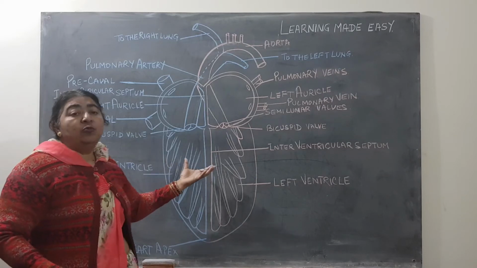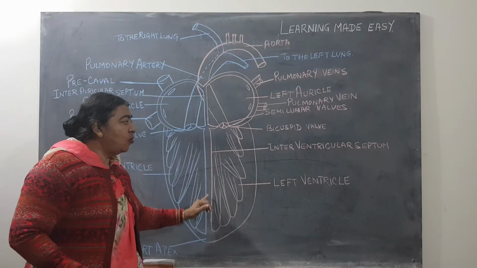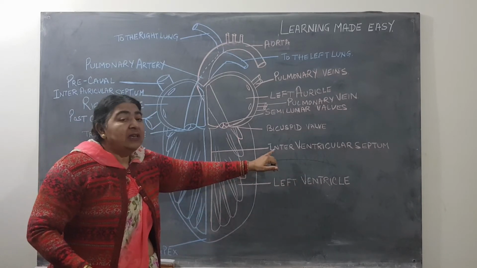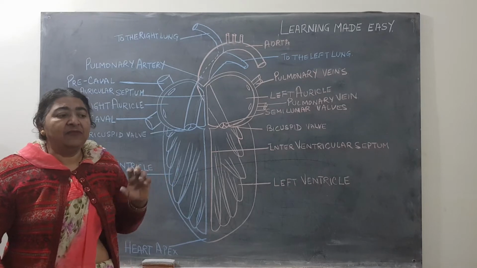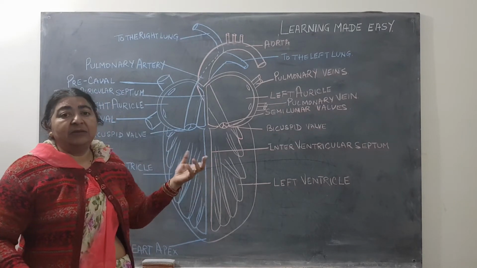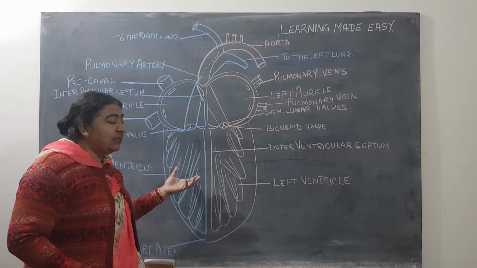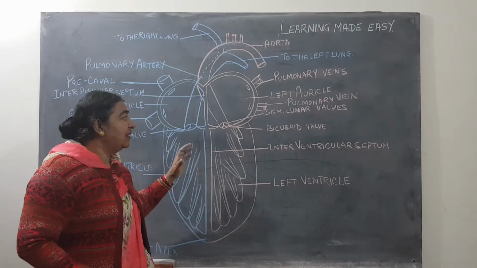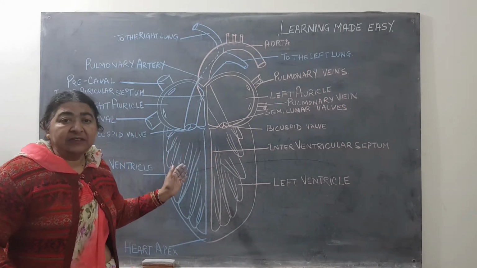They are not allowed to mix as they are separated by a septum called as interventricular septum. This is not the case in amphibians. In amphibians, we have mixed blood in the ventricle as the heart is three-chambered. But in case of mammals, it is four-chambered and the oxygenated and deoxygenated blood does not mix here.